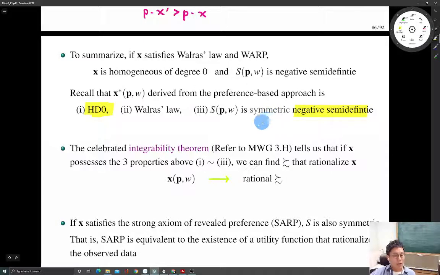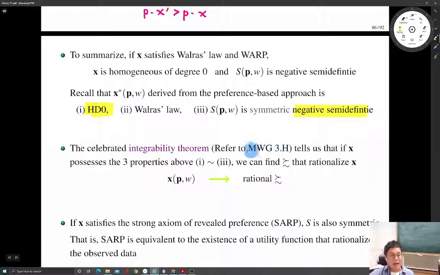Here, I skipped this topic because it is beyond our class, but if you refer to Mas-Colell, Whinston and Green, chapter 3.H, the integrability theorem is introduced.